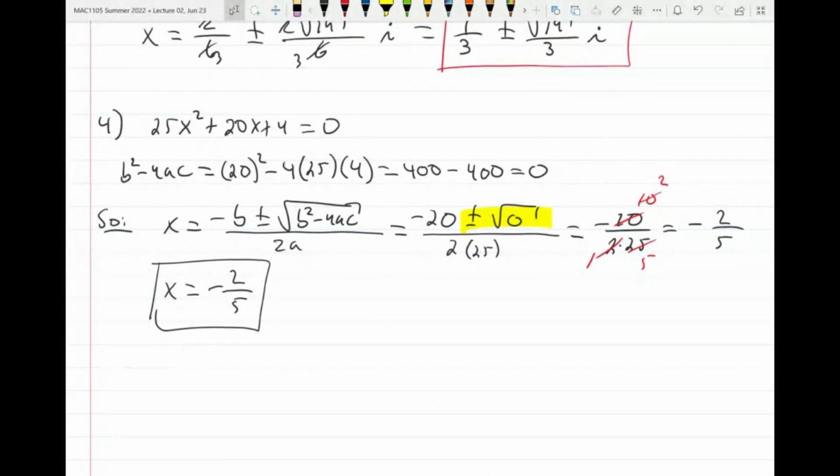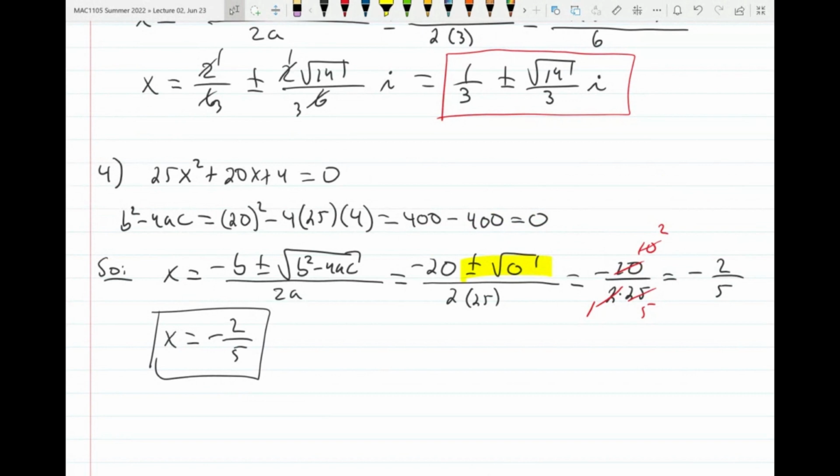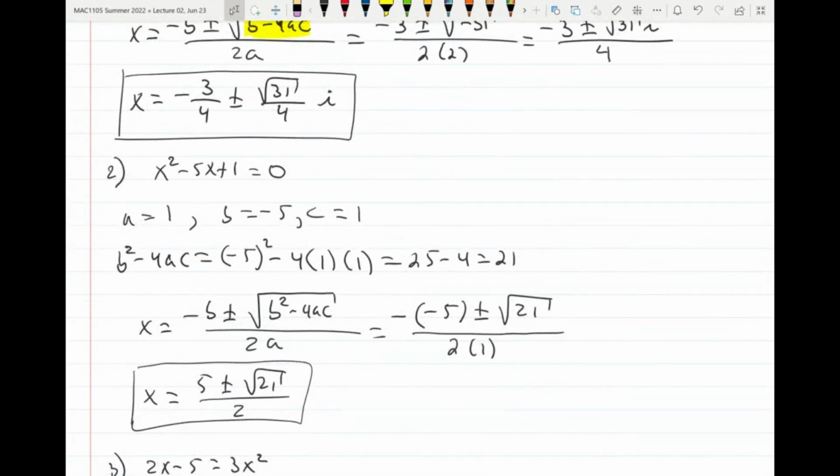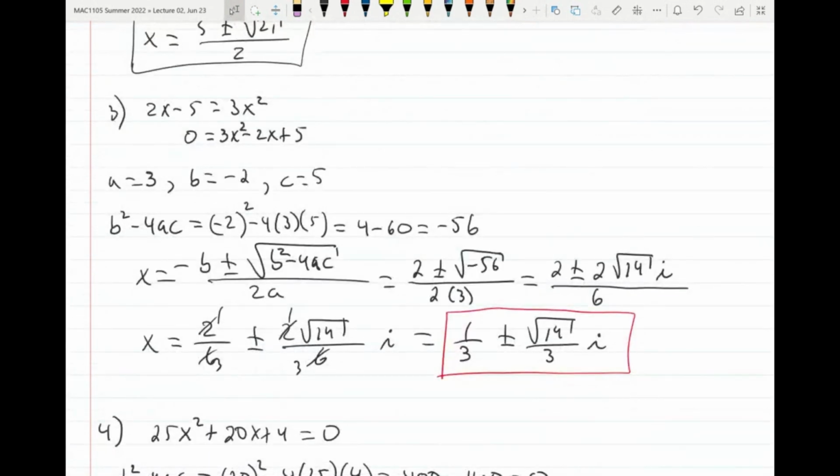Okay? Who do you think is responsible for all of this behavior? In the formula, what quantity do you think is responsible for this? So, for example, why are we getting complex numbers to begin with as a solution? When 4ac is greater than b squared. Exactly.